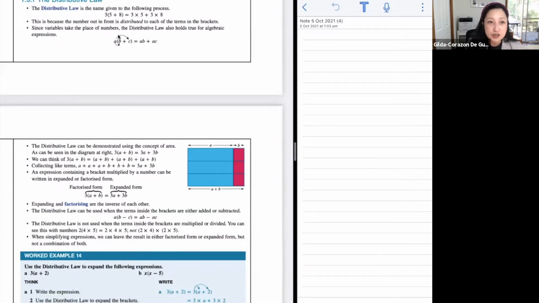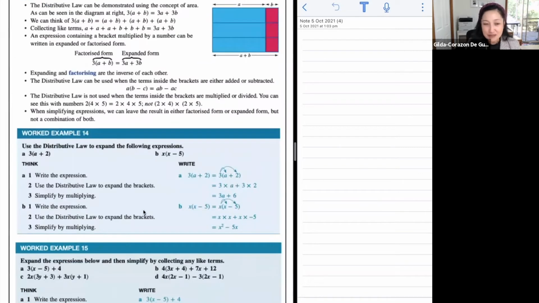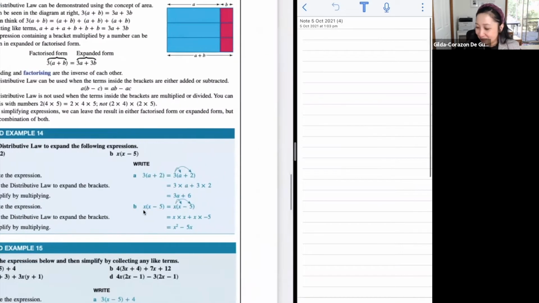So what we want is to distribute A to B and to C. What it means is that we multiply A by B and then A by C, similarly to what we do with numbers, so that we've got AB plus AC. AB means A times B, and AC means A times C, right? So that's what we call the expanded form, and this is the factorized form. Remember that word.